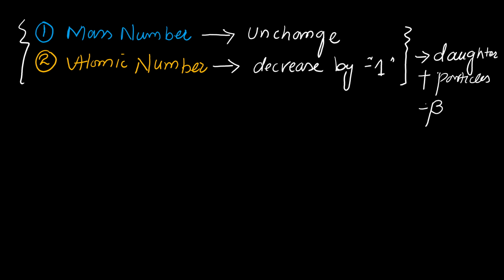In this case, a proton is basically converted into a neutron. So in positron decay, students, the number of protons in an atom is more than the number of neutrons.